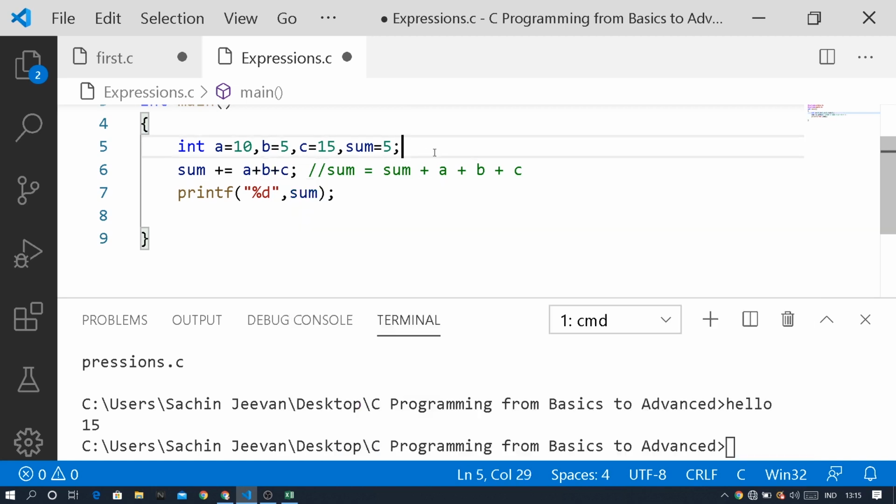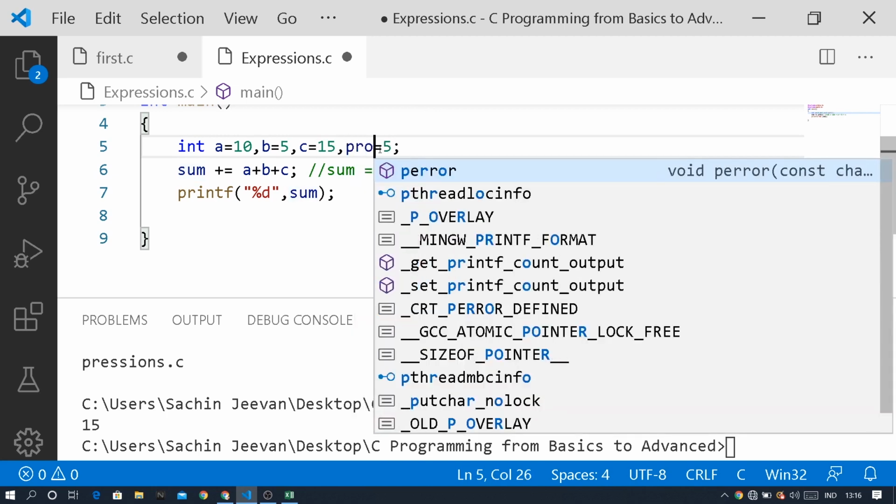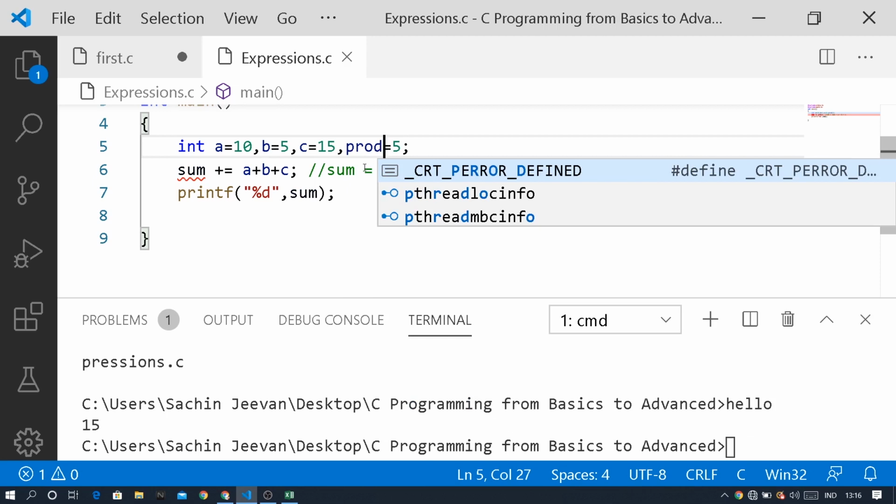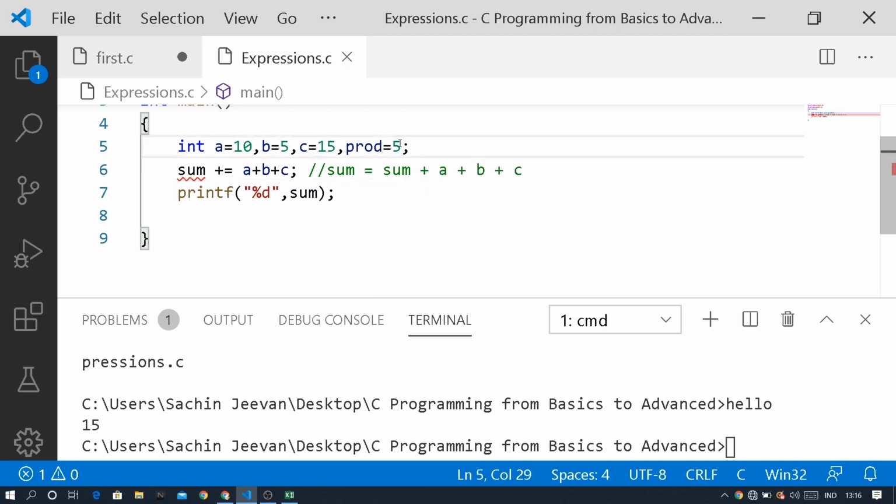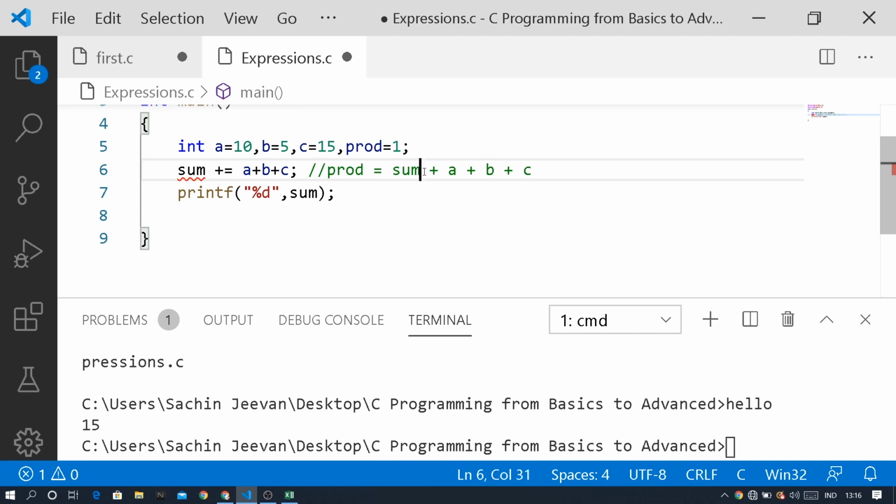Yes, so one more example that I'll show you: if you want to find a product, for example, let me assign that the product is by default equal to 5, and let me assign that it is 1. What I have to do is take the product value and multiply it by a, then by b, and then by c.